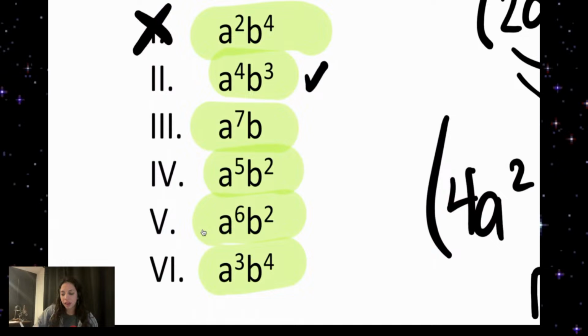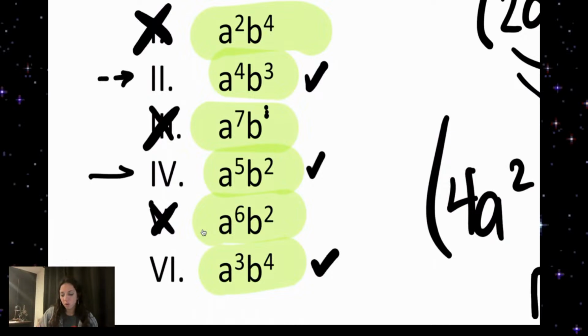That has a value of 1, b to the 1st power, so that actually has a sum of 8. 5 plus 2 is 7. 6 plus 2 is 8. 3 plus 4 is 7. So my answer is going to be 2, 4, and 6, which is C.